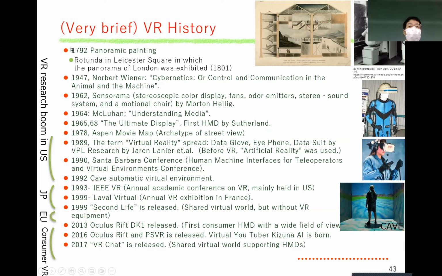an immersive image, an immersive display, was already being tried. And I think the first one is the panoramic painting, as if you are in a not-real, not computer-generated world.